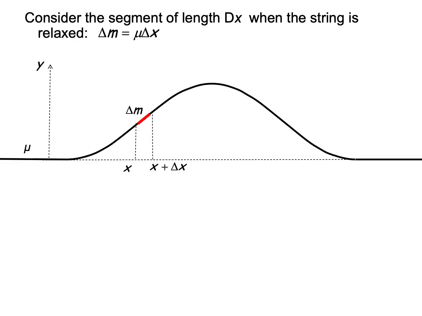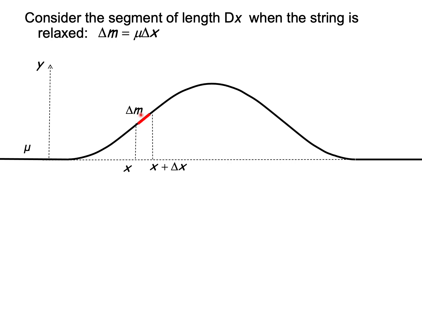So let's take that pulse on the string, and we're going to consider a small segment of that string. The mass of this segment, delta m, is going to be equal to the length of the piece of string, delta x, times its linear density, mu. So that's the relationship there. Now we're going to think about what this little tiny mass does.